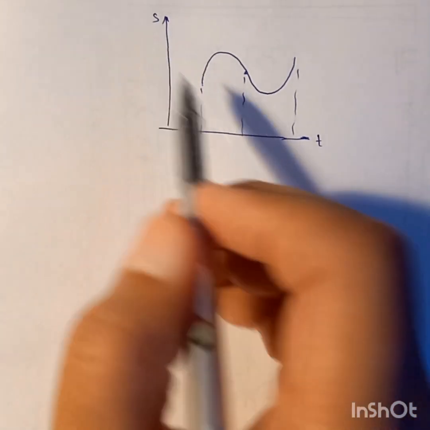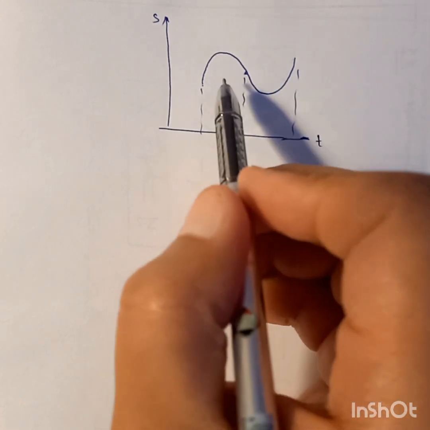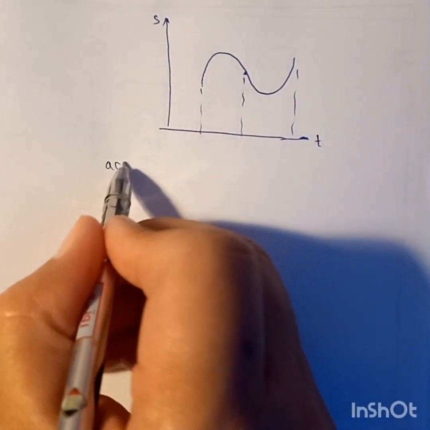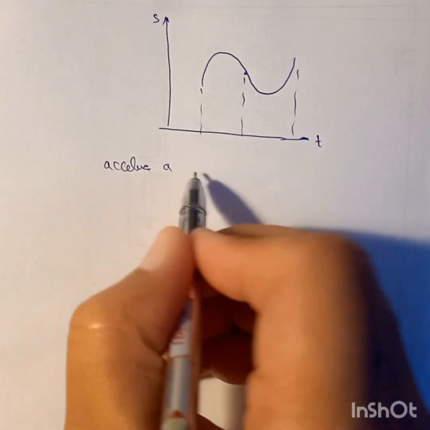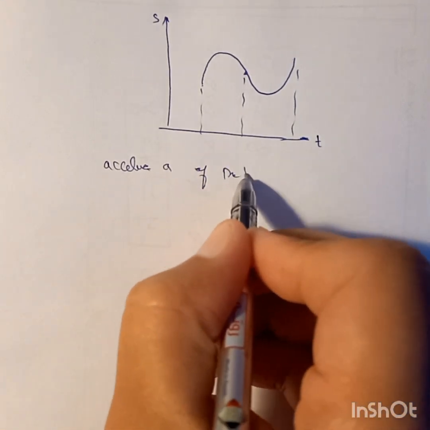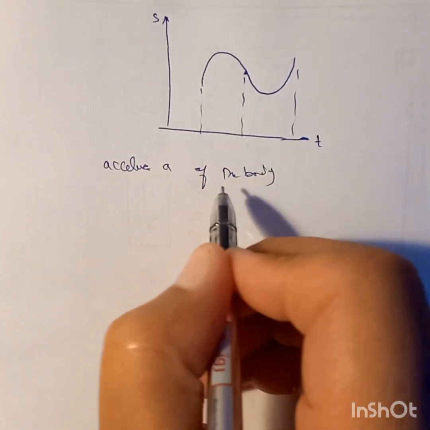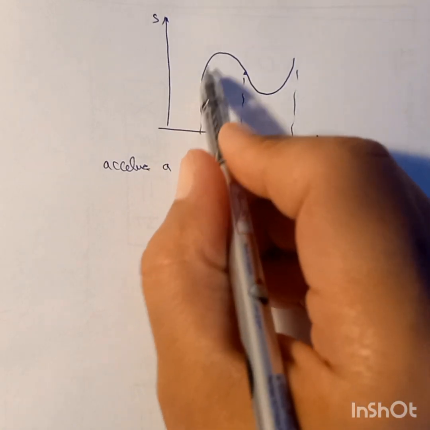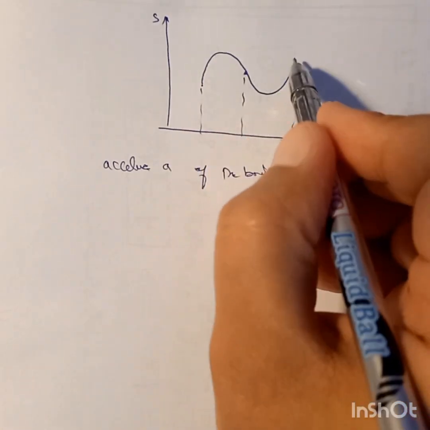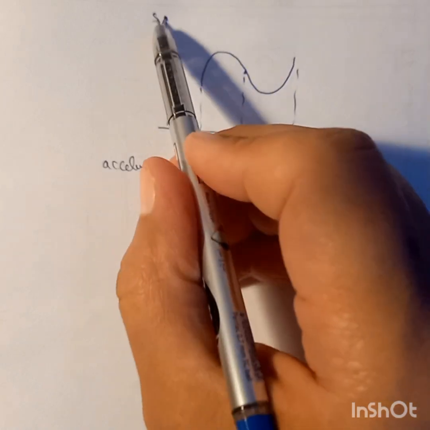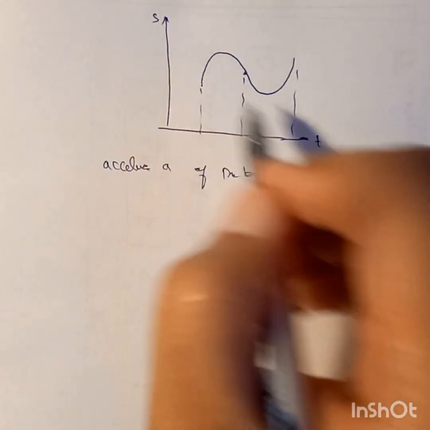Also from this s-t curve we can find out the acceleration a of the body, according to the form of the curve of this motion, representing the relation between displacement or position with time.